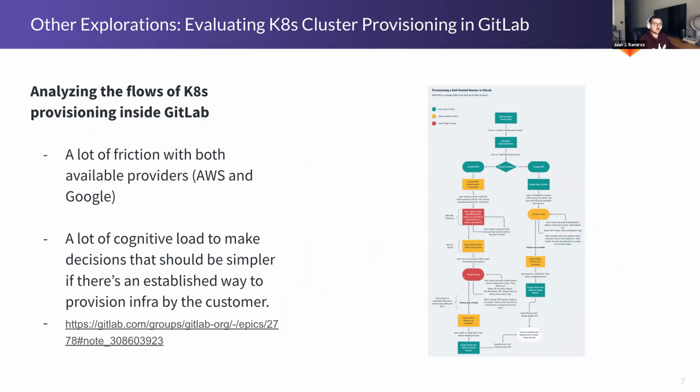We have also been doing a couple of other explorations and discovery in other areas. Something that I did was analyzing the current flow that we have for Kubernetes cluster provisioning inside GitLab. I did this because that's what we sell as the frictionless way to install runners. When you go to CI/CD configuration, it says if you want your own runner, install a Kubernetes cluster. There's a flow that is optimized for doing this.